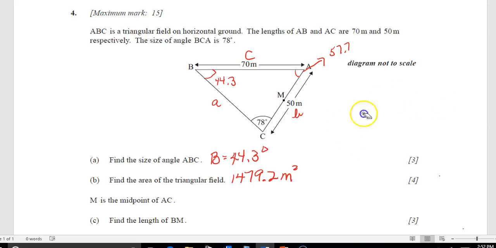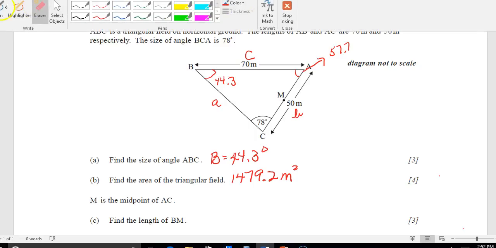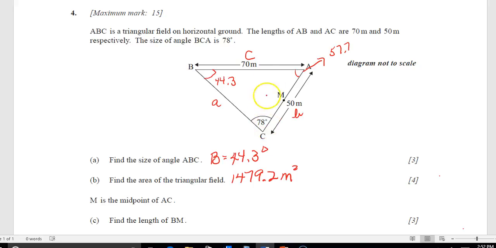Part C, find the length of BM. From B to M. Well, looking back at the picture, from B to M would be this. Let me try to draw that in. Halfway neat. Yeah, that's not bad. Okay, so if I'm going to try to find that, I'm going to call that x. And notice if you follow the red lines here, that is a triangle.